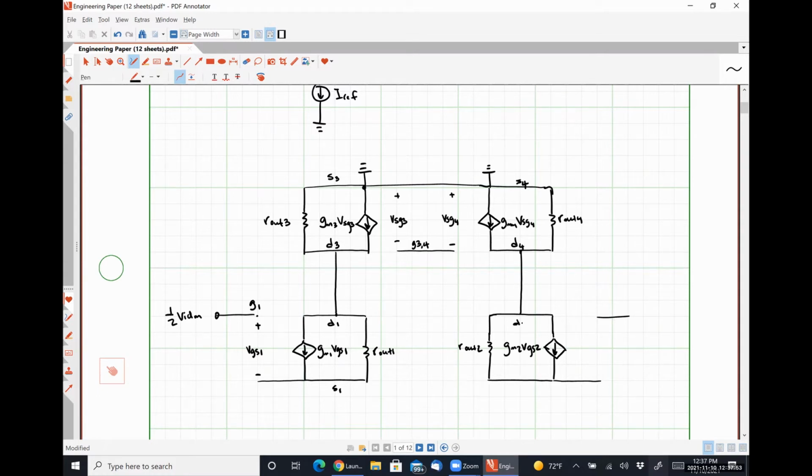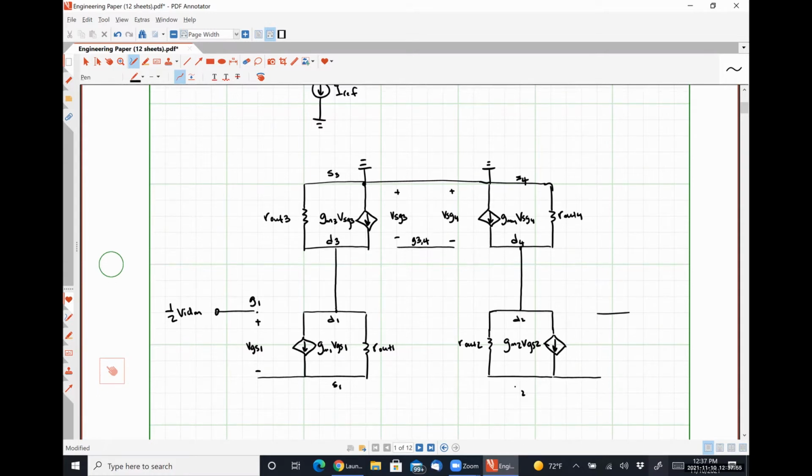And so this is the drain of 2, source of 2, the gate, and then here we have our signal -1/2 VIDM. So this guy is VGS2. Our sources are tied together. I'm going to call this node here in the middle voltage Vx.